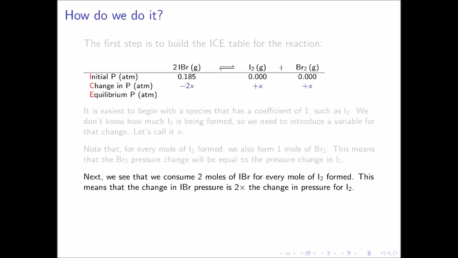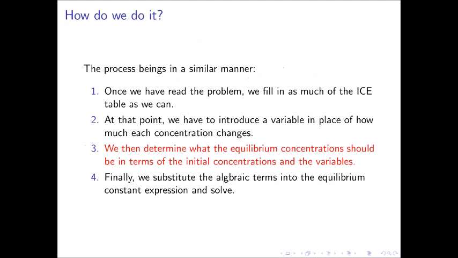We then note that we consume 2 moles of IBr for every mole of I2 formed. This means that the change in IBr pressure is 2 times the change in pressure for I2. Note that we have to include a negative sign because the partial pressure of IBr is going to decrease through the course of the reaction. Next, we determine what the equilibrium concentrations should be in terms of the initial concentrations and the variables we have introduced.